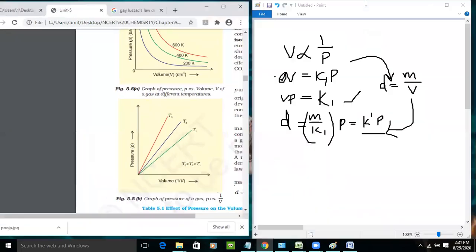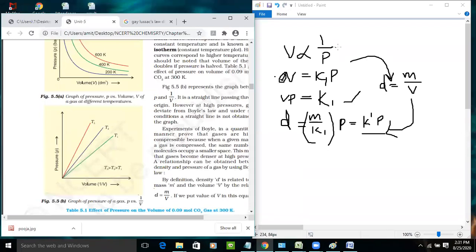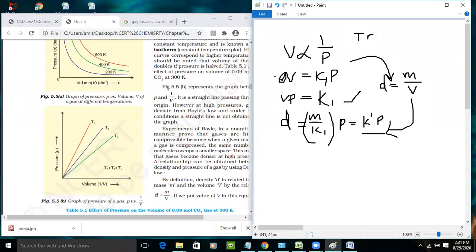Boyle's law said volume is inversely proportional to pressure, right? At constant temperature, because that is known as an isothermal process. So when temperature is constant and the number of moles of gas is constant, volume is inversely proportional to pressure, and he gave its proportionality constant as k1.